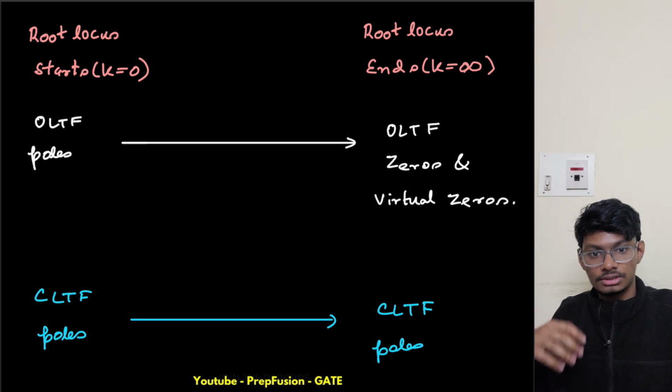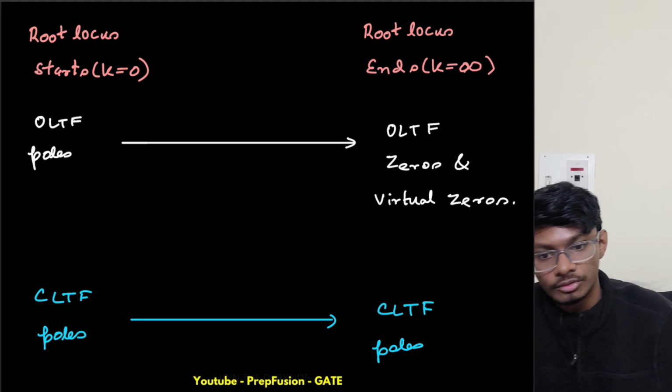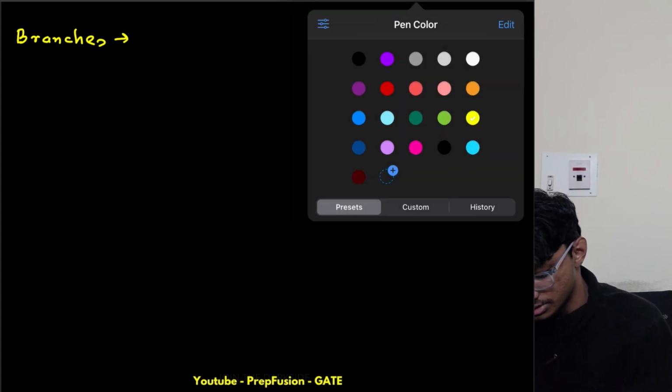Now what is another thing? How many branches will the root locus have? What do I mean by branches? This will also be written at the next step.